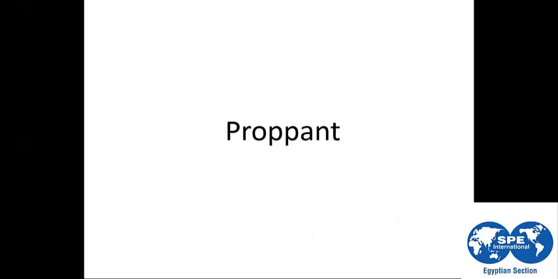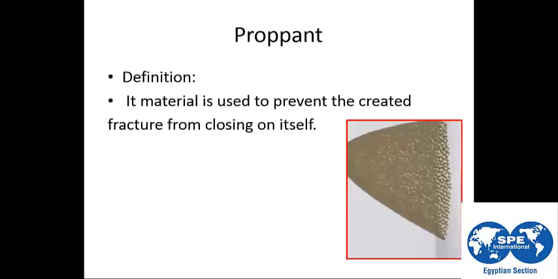Okay, we will now discuss the proppant properties. Proppant is defined as a material used to prevent the created fracture from closing on itself. The proppant is formed from ceramic material, and its main function is to prevent the frac from closing against itself.